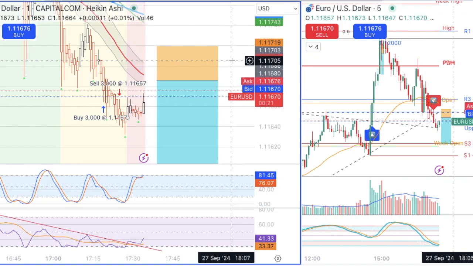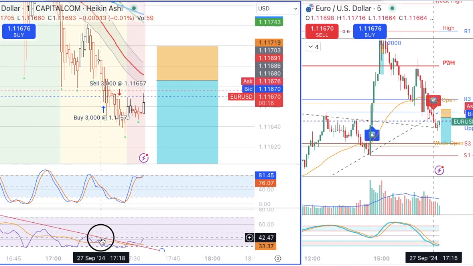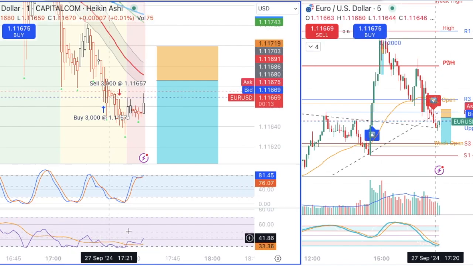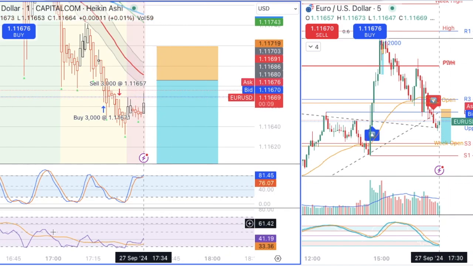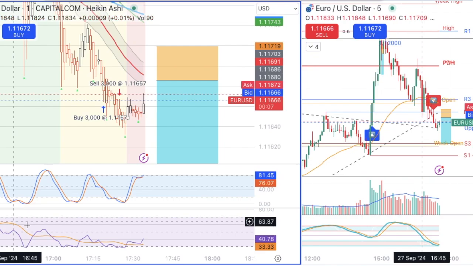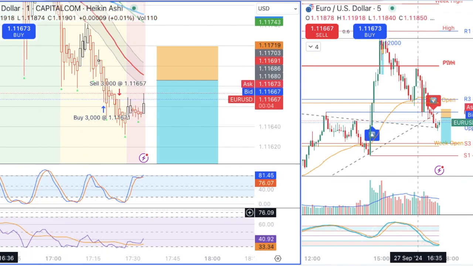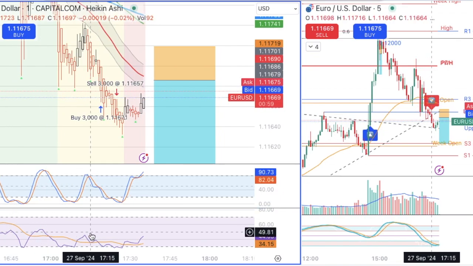Okay, so now let's have a look. We can go over to this line here. It's quite nice, I found, on the RSI to draw trend lines. And you can see there was a very nice downward trend here on the RSI.